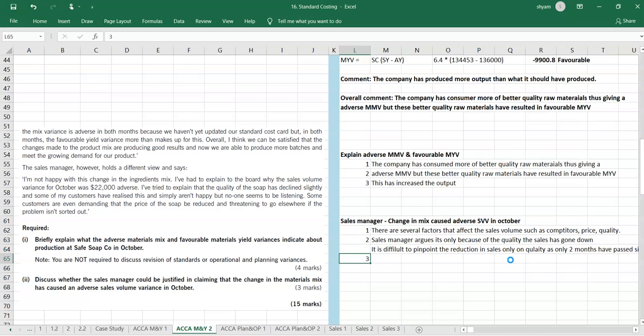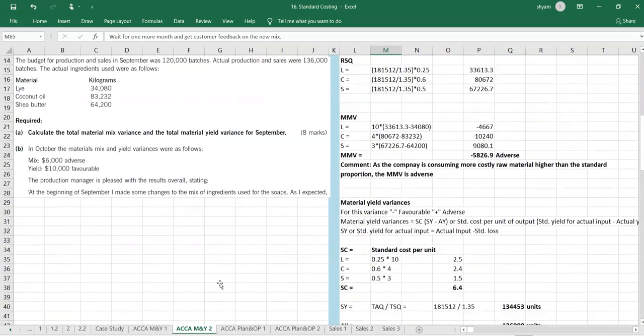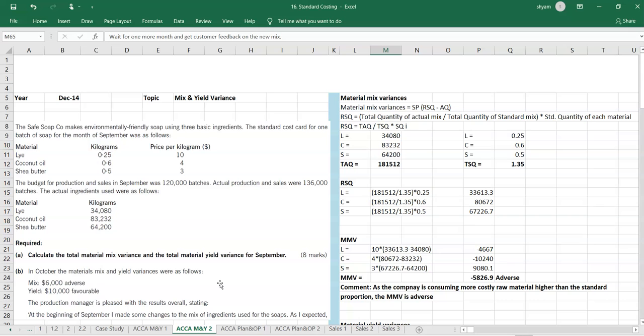Okay, what we can actually do is wait for one more month and get customer feedback on the new mix. Okay, so let's get the feedback and then we can get a better idea. So that's what I could put here. So that's about the question here also, right? So we have ended the question. We'll now move on to the next question.